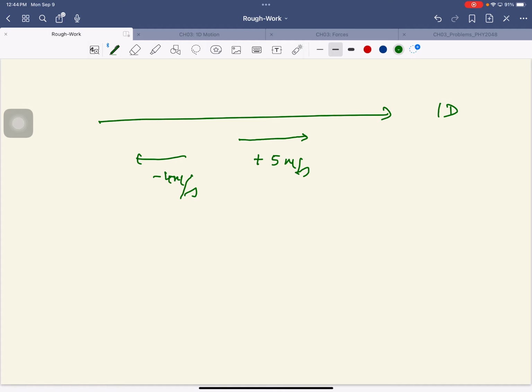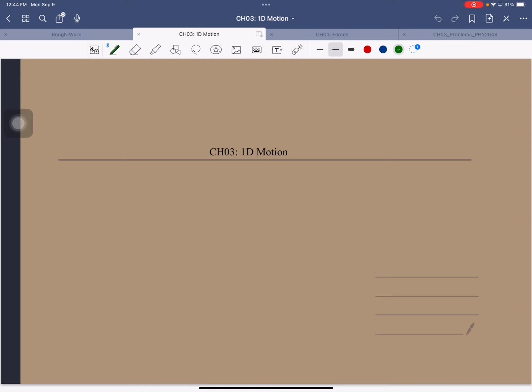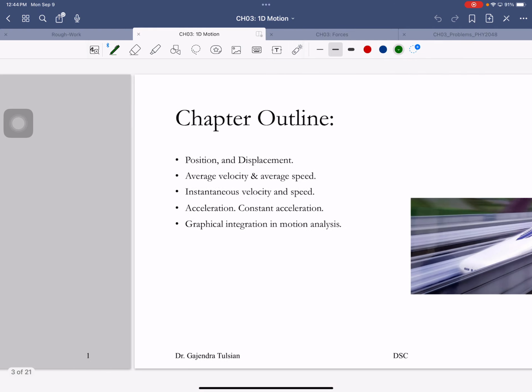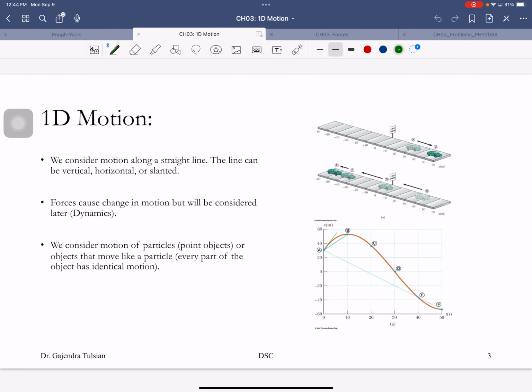All right, so now we've set up the groundwork. Let's start the lecture. We are studying motion in 1 dimension. What we'll be interested in is describing it. Let me show you an example of a motion. Here's this car that starts off here and goes forward and then goes back like that.